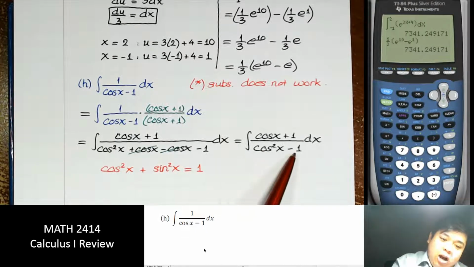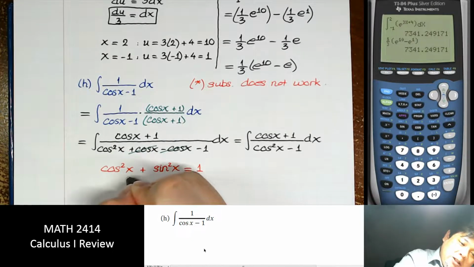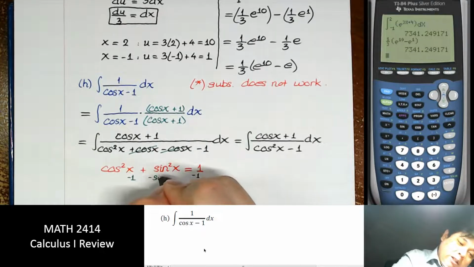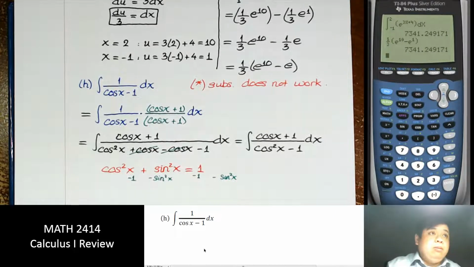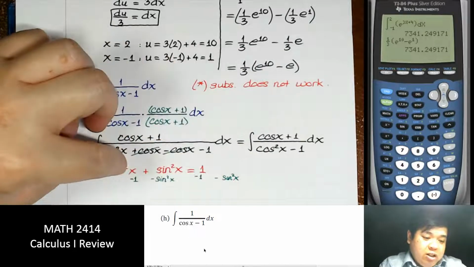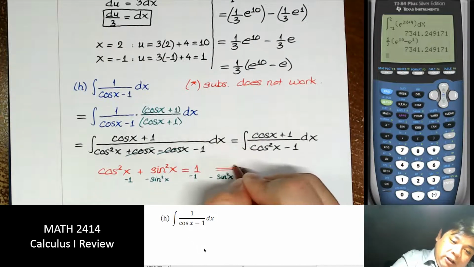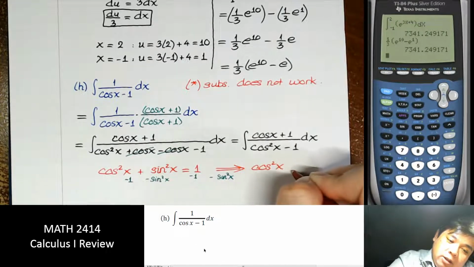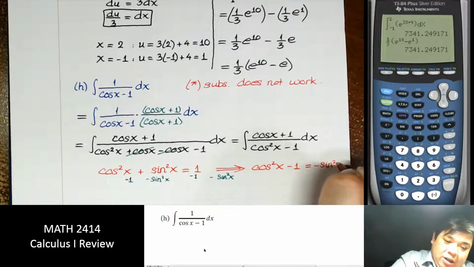If we want cosine squared minus 1, why don't we subtract 1 on both sides, and we're going to subtract sine squared on both sides. So when we do that, we have cosine squared minus 1 equal to negative sine squared of x.